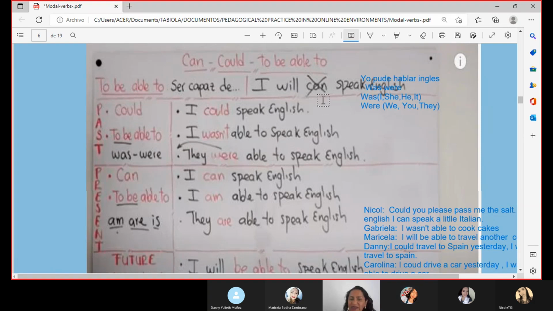Sí, es que el significado de todos es casi el mismo, solo que cuando vamos a hablar del could, es algo que habías podido hacer. Solo que cuando utilizas el able to, vas a tener que usar el was y el were. ¿Listo? Esa es la única diferencia. Si utilizas el could, normalito.